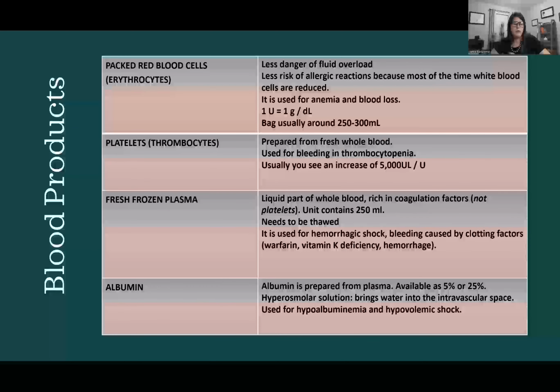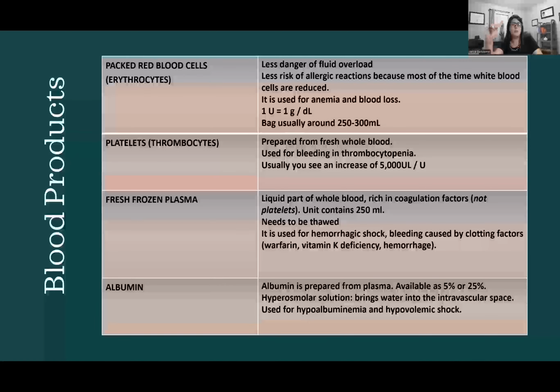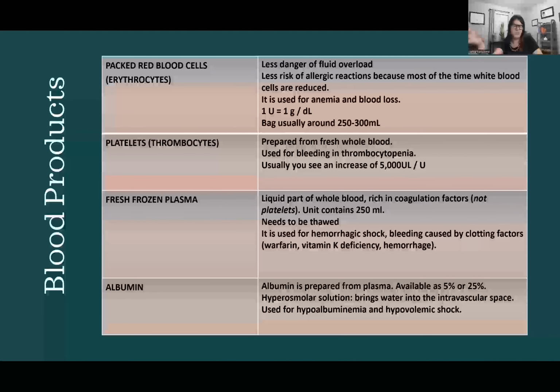A pack of red blood cells, or a little bag, usually has about 250 to 300 and something mLs of blood. The conversion they say is that for one pack of red blood cells, your patient should increase their hemoglobin by 1 point. That's just an estimate that we say in the hospital.